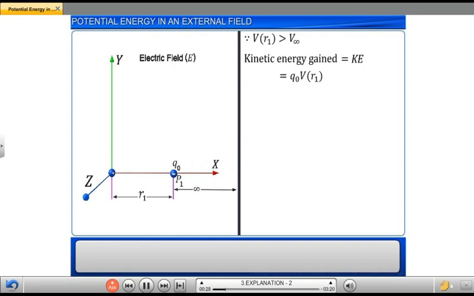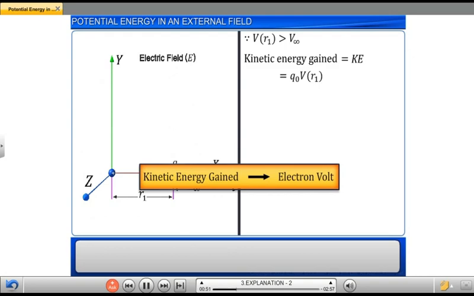The magnitude of the charge on the electron is 1.6 into 10 power minus 19 coulomb, and V of R1 is equal to 1 volt. Therefore, the kinetic energy gained will be equal to 1.6 into 10 power minus 19 joule.